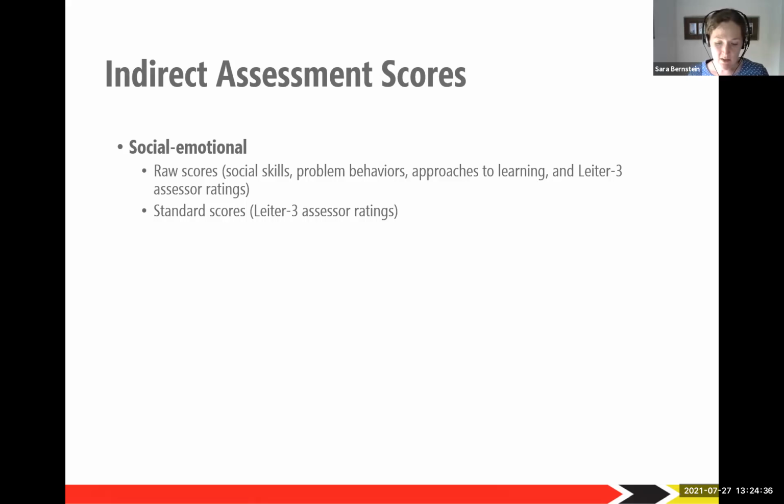Assessor-reported scores of children's cognitive social behavior, such as attention and sociability during the direct assessment, include both raw and standard scores. Those are from the Leiter-3 examiner rating scale. And again, I haven't said it, but the standard scores have a mean of 100 and a standard deviation of 15 to indicate, again, performance relative to same age children across the country.